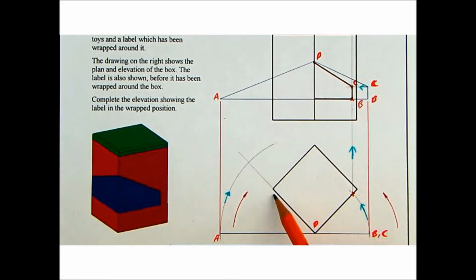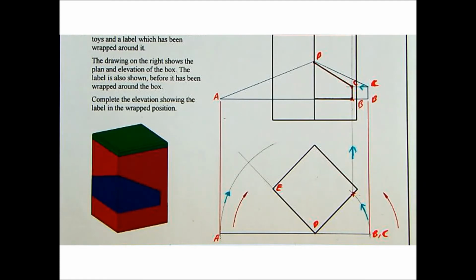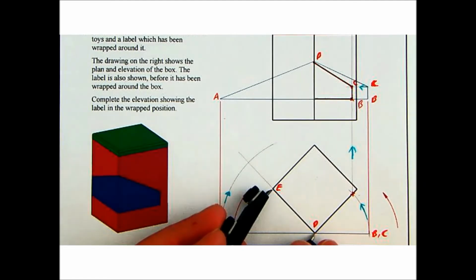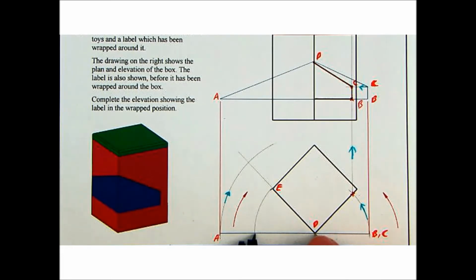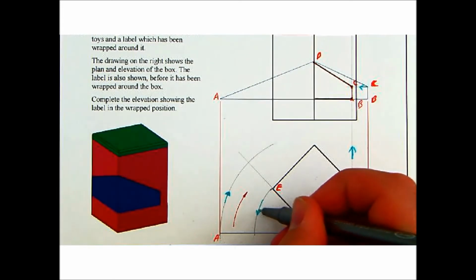That's where the label is now. I need to find the length from D over this point here. We call it point E. We say that's point E on the label now, at that corner. So what you do is you work backwards. You're going to rotate E back down to the label when it's open, to show where E would be if the label was open up.